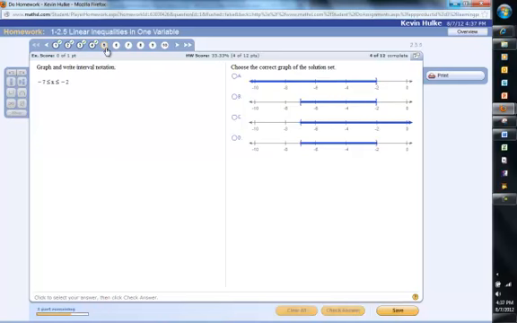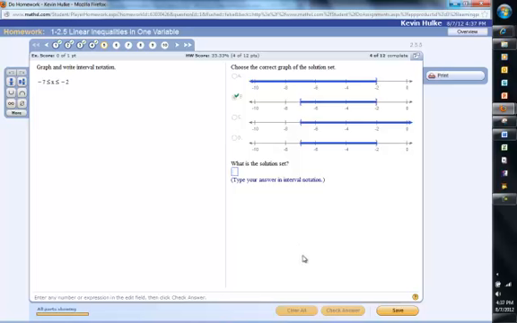Number 5. So now x is between negative 7 and negative 2, and make sure you use brackets on both ends because it's less than or equal to. Okay?